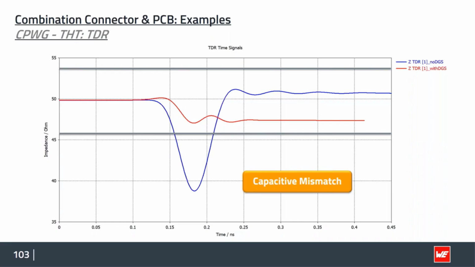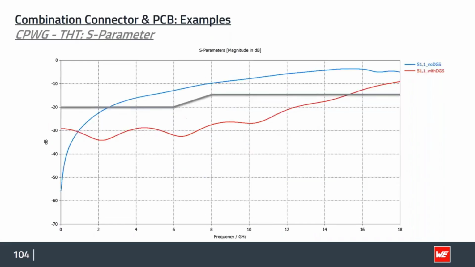And we will see the same, of course, in the S parameter measurement, where without the DGS structure we come up to a little bit more than 2 gigahertz, and we are out of the specification that we set ourselves. And with the DGS structure, we go up to something like 15 gigahertz, which is pretty nice for a 90-degree angle sitting on top.